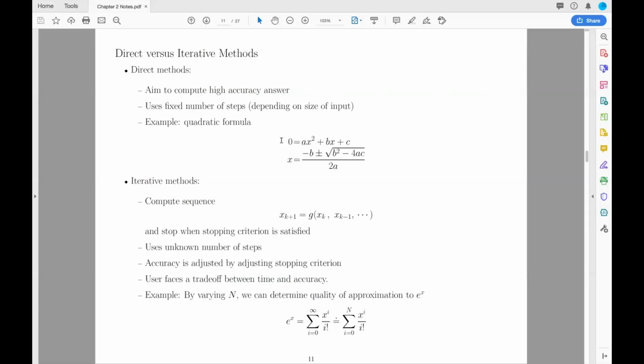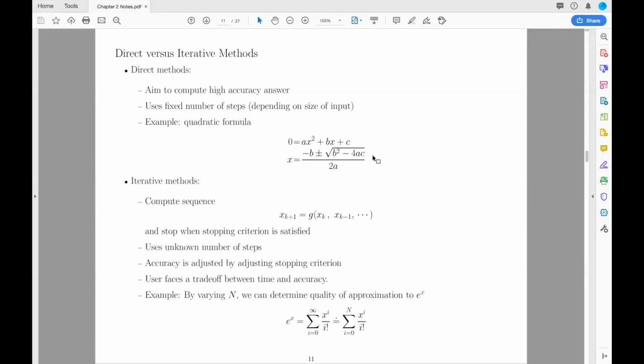You have a polynomial with an A, a B, and a C, and you just stick them into some formula, which amounts to doing three multiplications, then a subtraction, then an addition or subtraction, and then a multiplication and a division. It's a fixed, finite number of operations in a pre-specified sequence. That's what a direct method is.